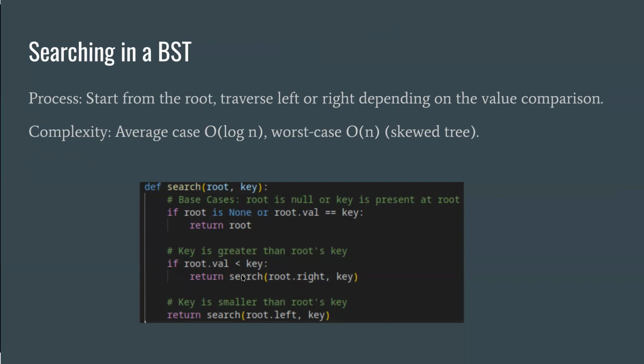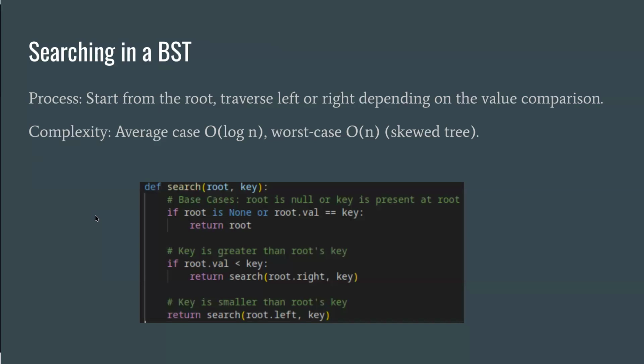As you can see from this code example as well, you want to continue this process recursively in a subtree until you find the value or exhaust the possibilities.